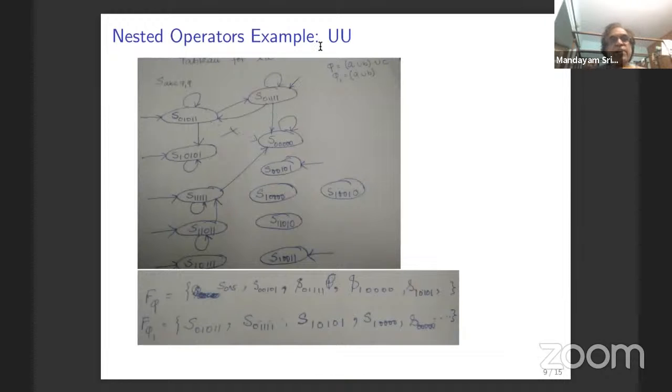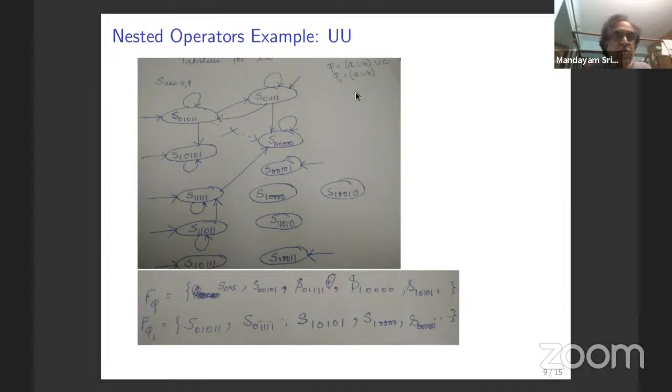So here is an example where an until operator is embedded inside another one. It's nested inside another one. So I have phi, A until B until C. And A until B, the first argument to the top until operator, is itself an until subformula.